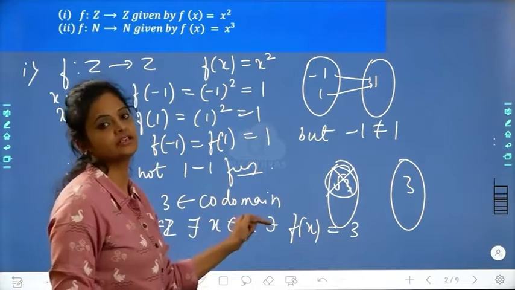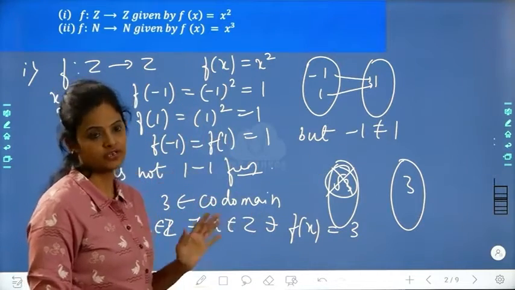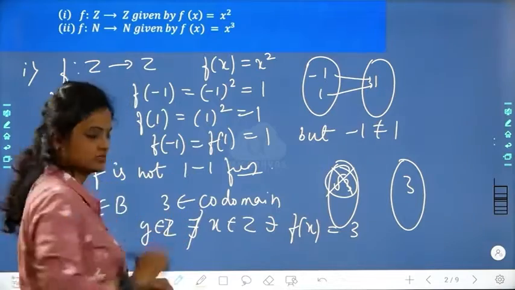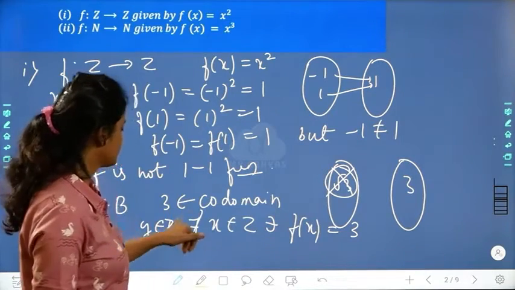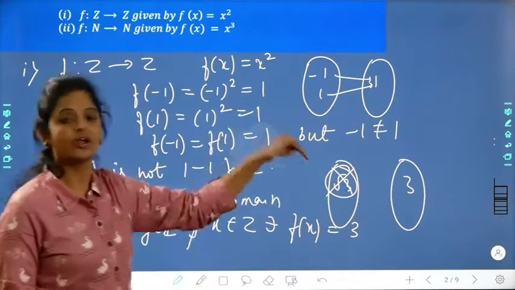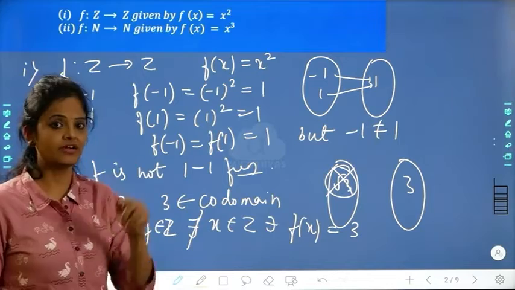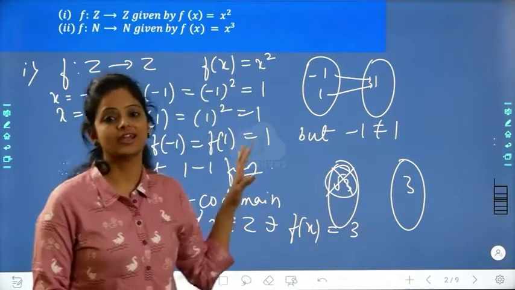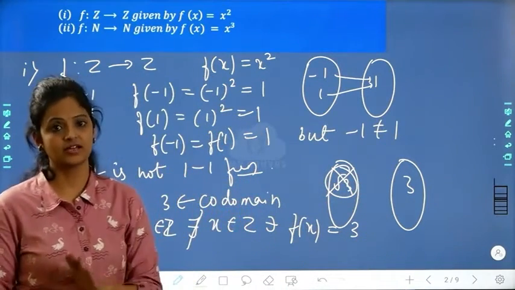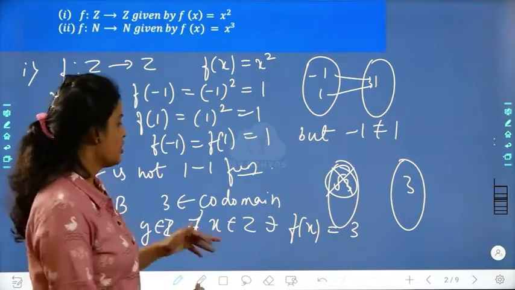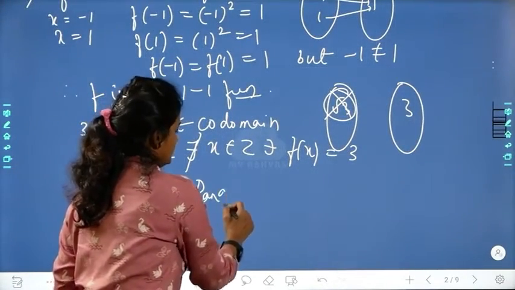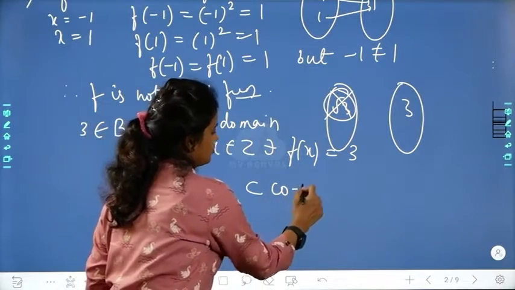So when I take an integer, I am getting the square of that. So nowhere will I get x. So there does not exist an x for this y. If you remember, while explaining onto, I told for each and every y there should be an x. Then only it is taken as an onto function. Or else you can think like this: range is only a subset of codomain.